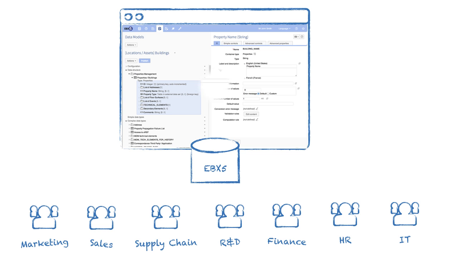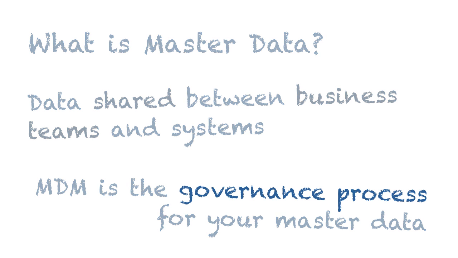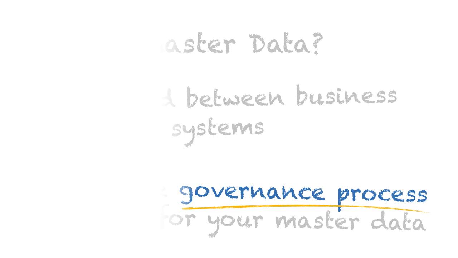Finally, we described MDM as a governance process. So when we consider that entire process end-to-end, we realize that the MDM software needs to contain all the features that supports your team from design through deployment, and over the entire lifecycle as what you master and who participates changes.